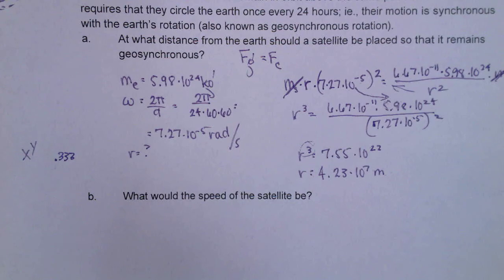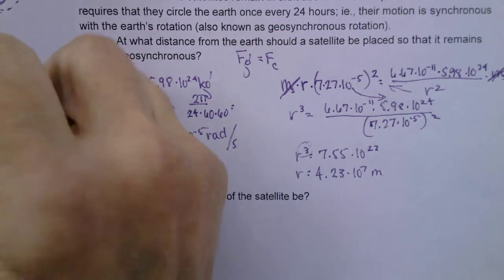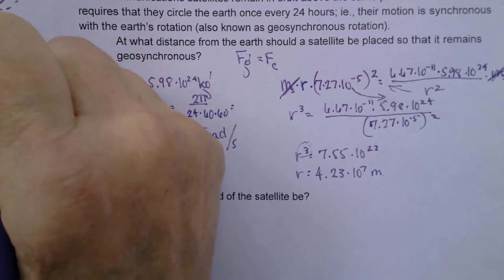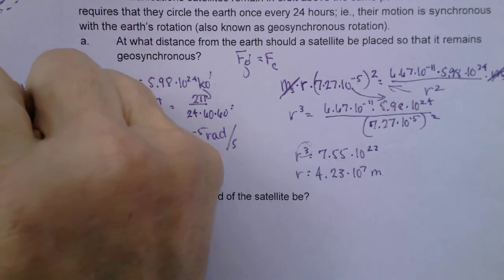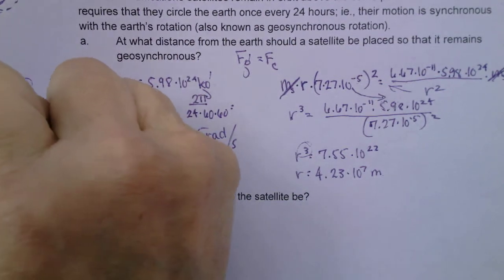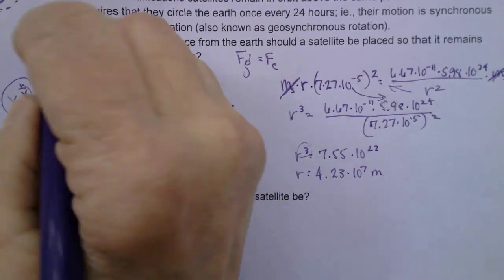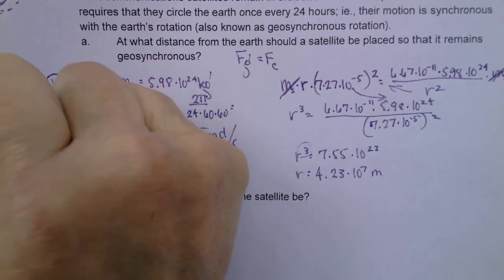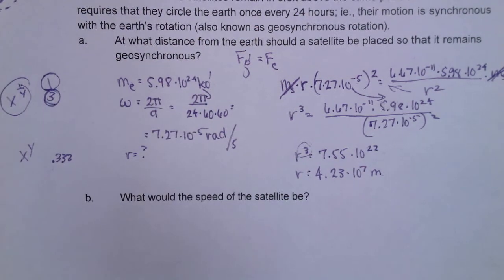There is also an x to the 1 over y button on mine. It's a shift function on mine, in which case I can just raise it to the 1/3 power, because you remember that this is what you're raising it to as an exponent. This is the root you're taking in the denominator.